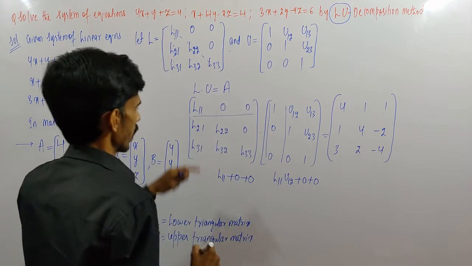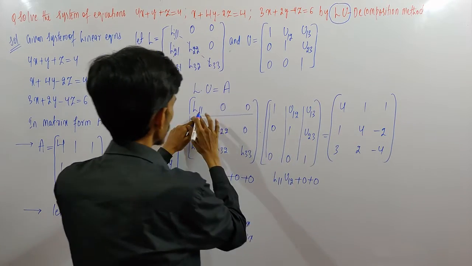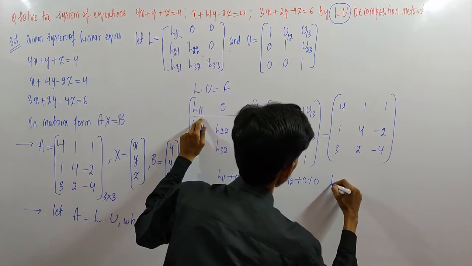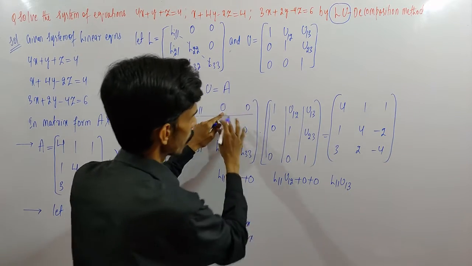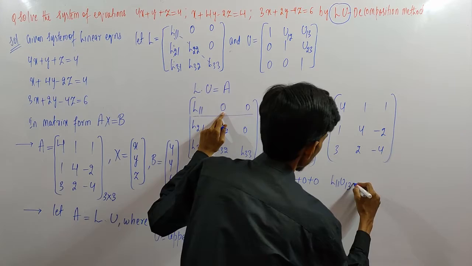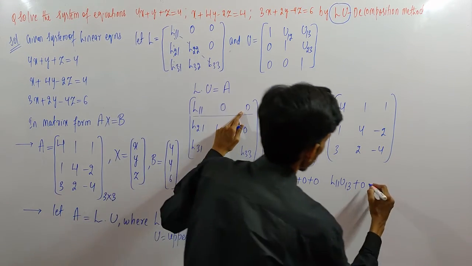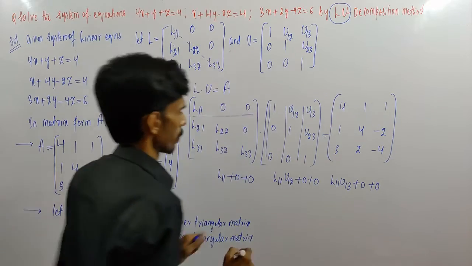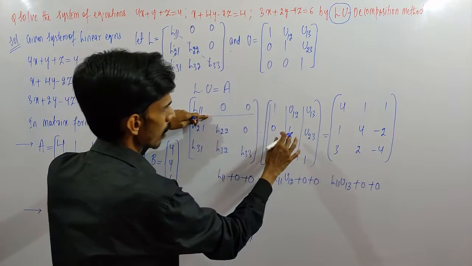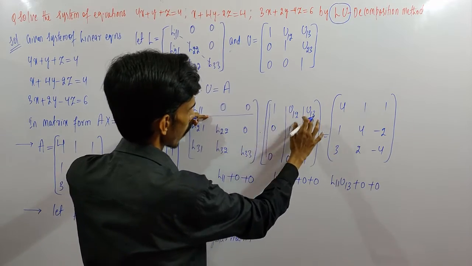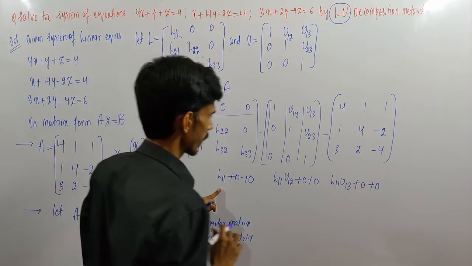Now the first row with the third column: L11 into U13, then 0 into U23 is 0, and 0 into 1 is 0. With the first row we have multiplied all columns, and we get the first row of the resultant matrix.